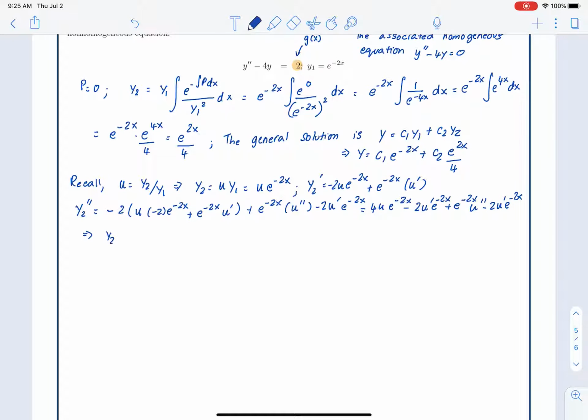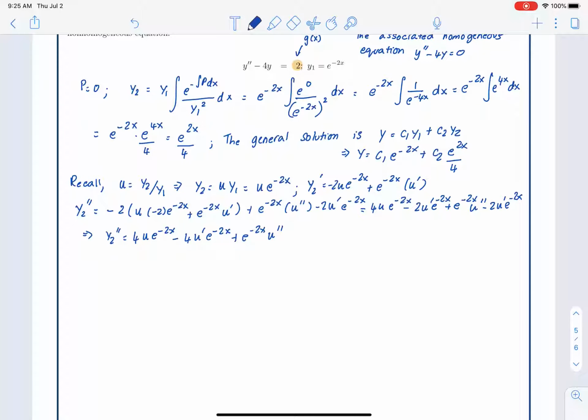Therefore, y2 double prime would be 4u e raised negative 2x minus 4u prime e raised negative 2x plus e raised negative 2x u double prime.